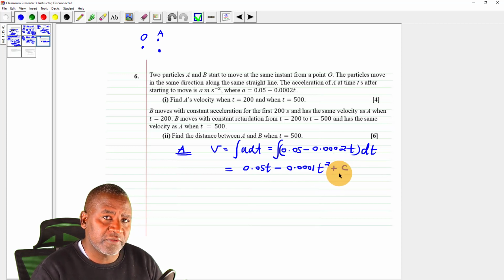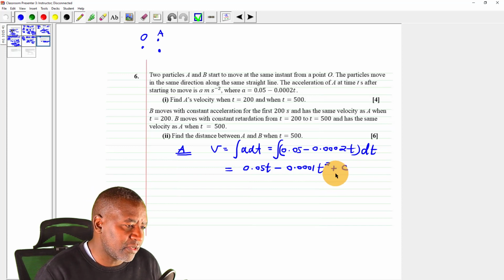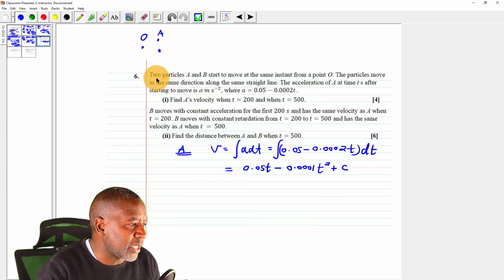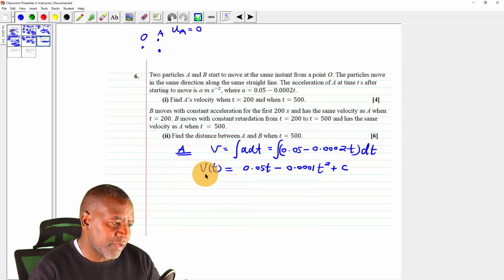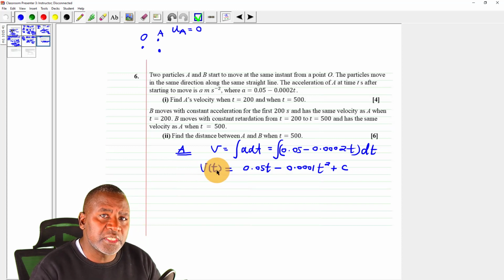Now, what is the value of this constant? We can get the value of this constant by looking at this, that the two particles start to move. So the initial velocity of A is 0. That means that since velocity is a function of time, the velocity when time is 0 is 0.